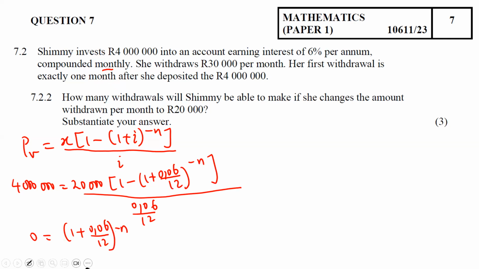If you simplify everything, it gets to this. If she withdraws 20,000, and we want to solve for n to find how many withdrawals, you will have exactly that. So what is the conclusion?